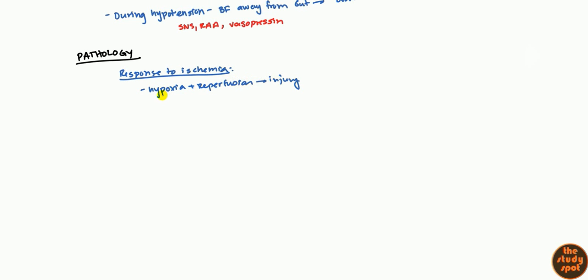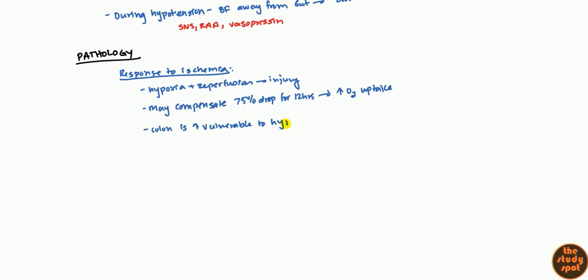However, the gut can compensate for up to a 75% drop for about 72 hours. And this again is because it can just start taking up more oxygen with the low amount of blood that it currently has.